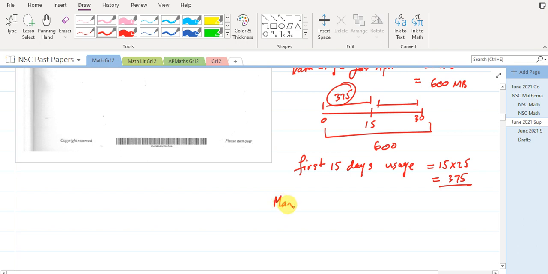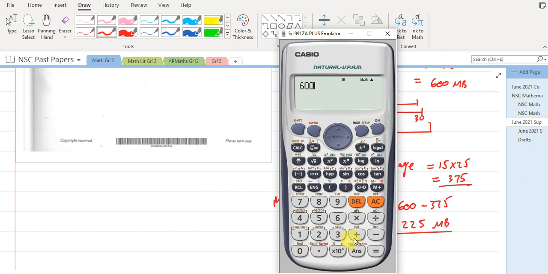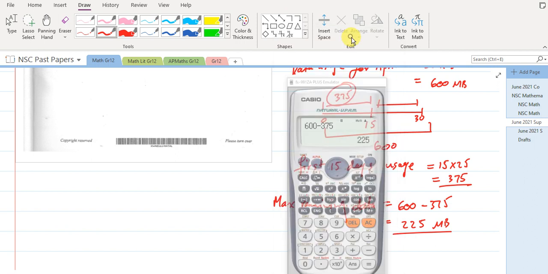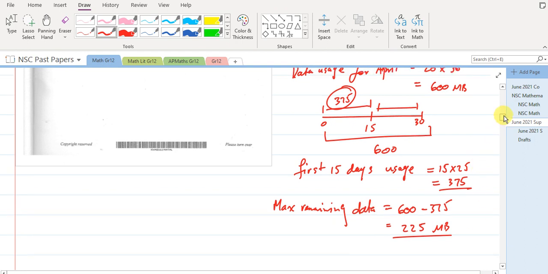So, max remaining, right? So, data usage can only be 600 minus 375. I think you should get 225 megabytes. Yeah. So let's see. 600 minus 375. 225 megabytes. Right. For the last 15 days.